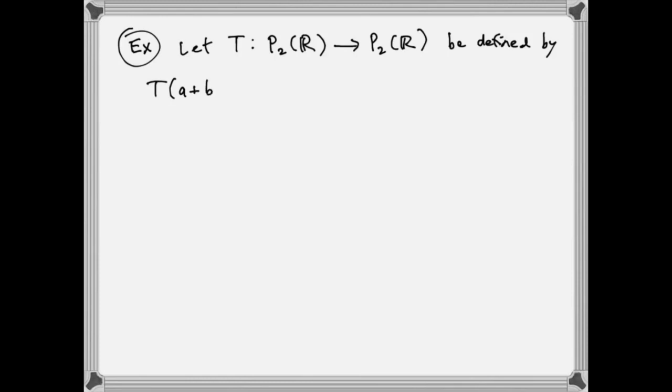So let's suppose that we're going from this polynomial, and when you take this polynomial through this map, you end up with the following polynomial: 2a minus b plus c, plus b minus 2a times x, plus cx squared.